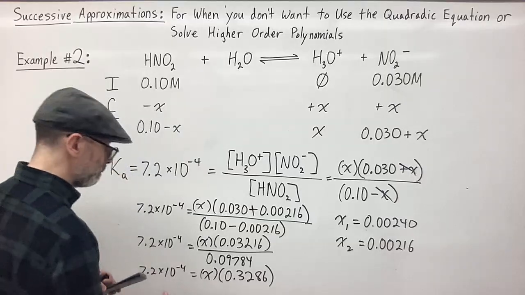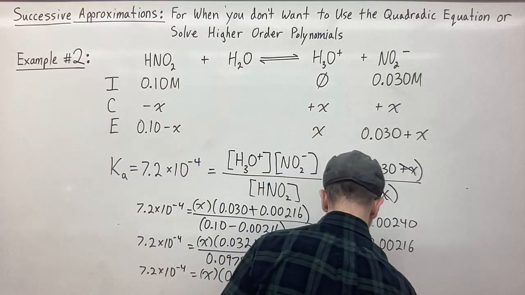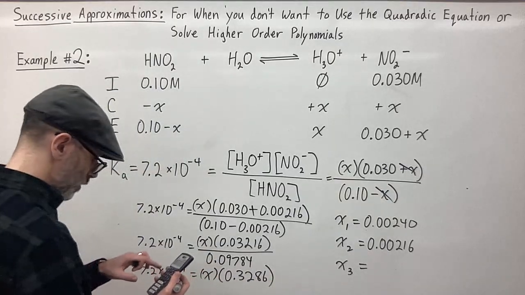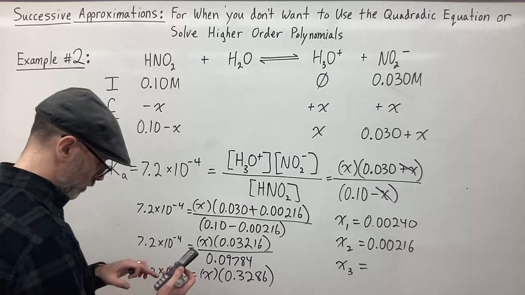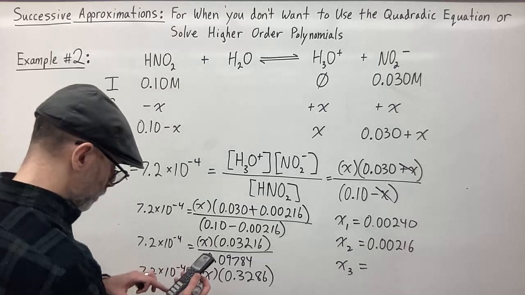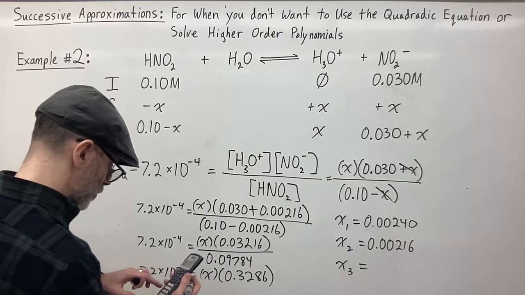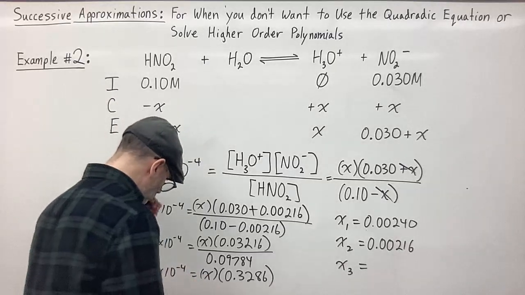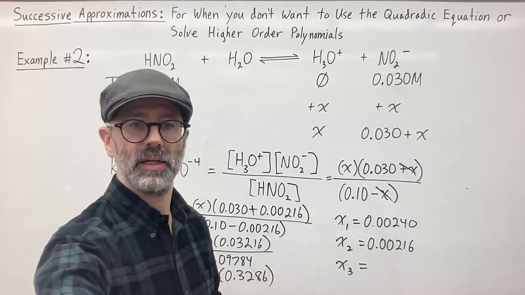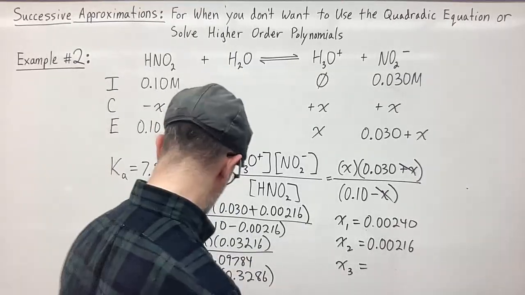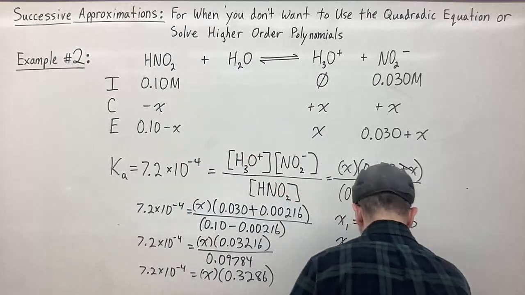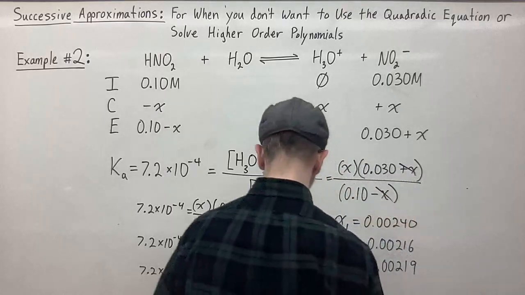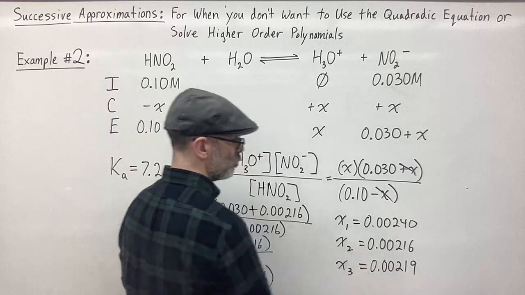So when I divide, what do I get? So I get 7.2 times 10 to the negative 4 divided by 0.3286 equals, and I get 0.00219, actually I get a 9. Okay, so notice that they're not the same yet, so I got to do it again.